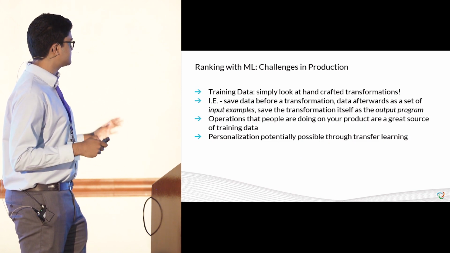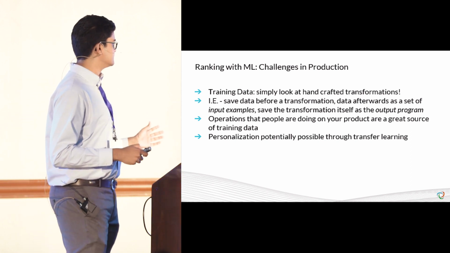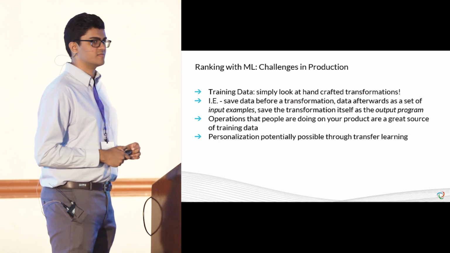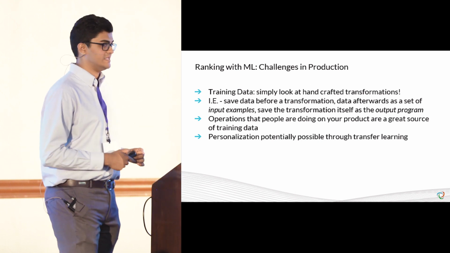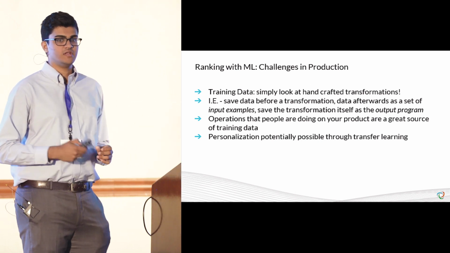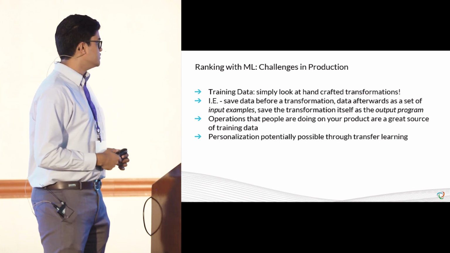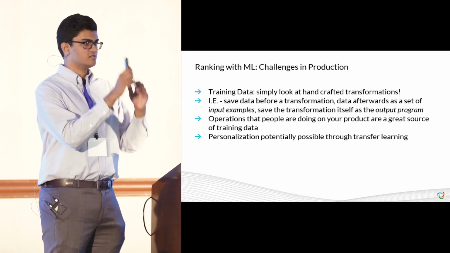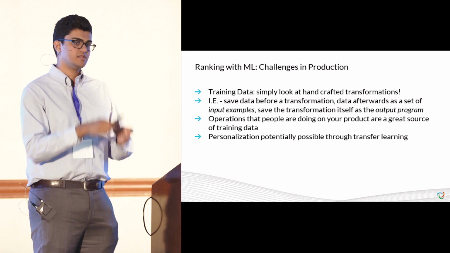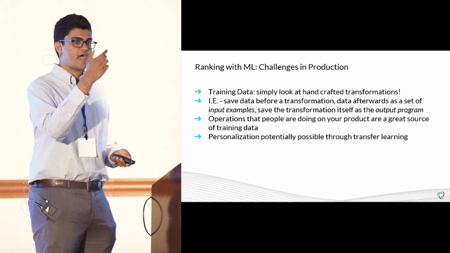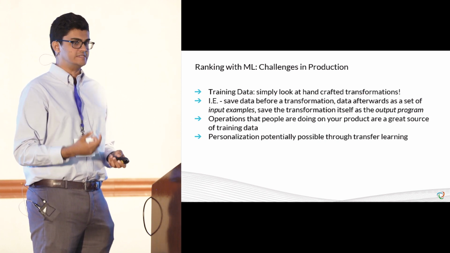But there are some challenges here. First, the training data itself should actually be pretty easy to generate. If you're in a data product where people are doing transformations on data, you can simply take a look at the data before a transformation is applied, take a look at the data after it's applied, and have those be input-output examples.